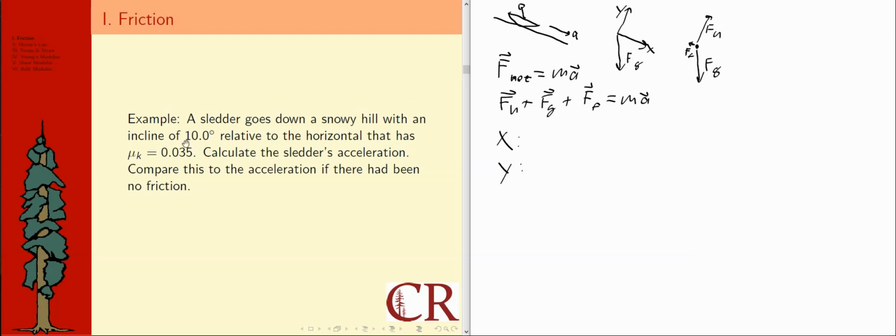Recognize that when I have this angle of incline, I haven't put that in my picture yet, but really that angle represents this angle right here. So I can say, okay, that's the 10 degrees that I was given, and it's pretty clear that that's going to be a 10 degree angle right here. And if I look at the components of this gravity vector, there is a component in the X direction, there's a component in the Y direction, and that same 10 degrees is right there, the smaller angle in that right triangle.